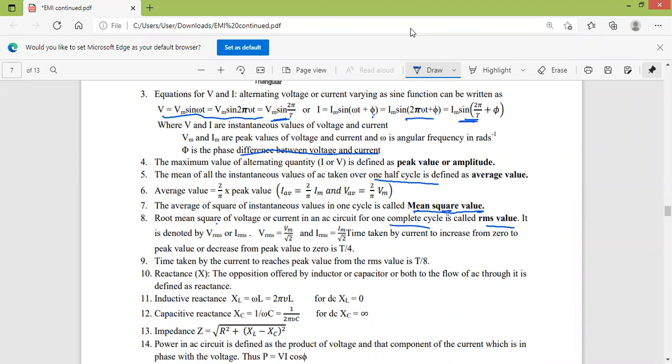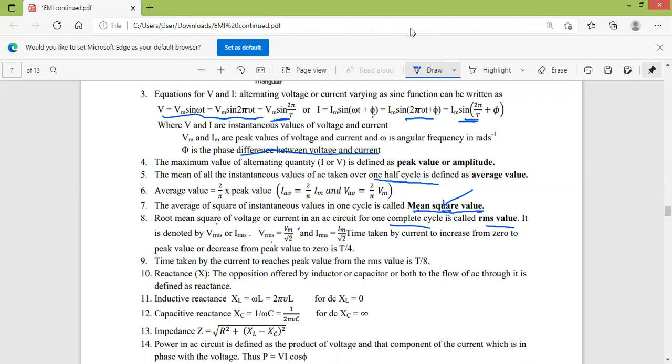Because if you take the average of the usual values, plus and minus get cancelled. If you square, the minus also becomes positive, and for a complete cycle we get a non-zero quantity. Taking the square root, that value is called the root mean square value. The relation between VRMS and peak value: VRMS is equal to Vm by root 2, or IRMS is equal to Im by root 2.